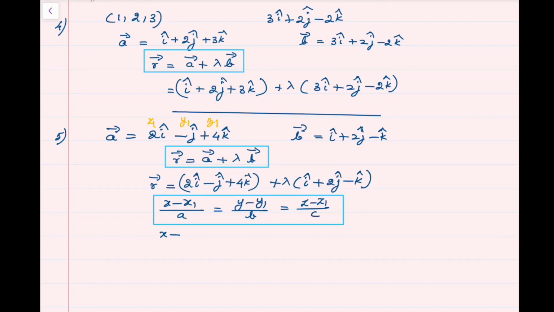And a, b, c are the components of vector b. Let us substitute in the equation. (x minus 2) divided by 1 equal to (y minus of minus 1, is y plus 1) divided by 2 equal to (z minus 4) divided by minus 1.